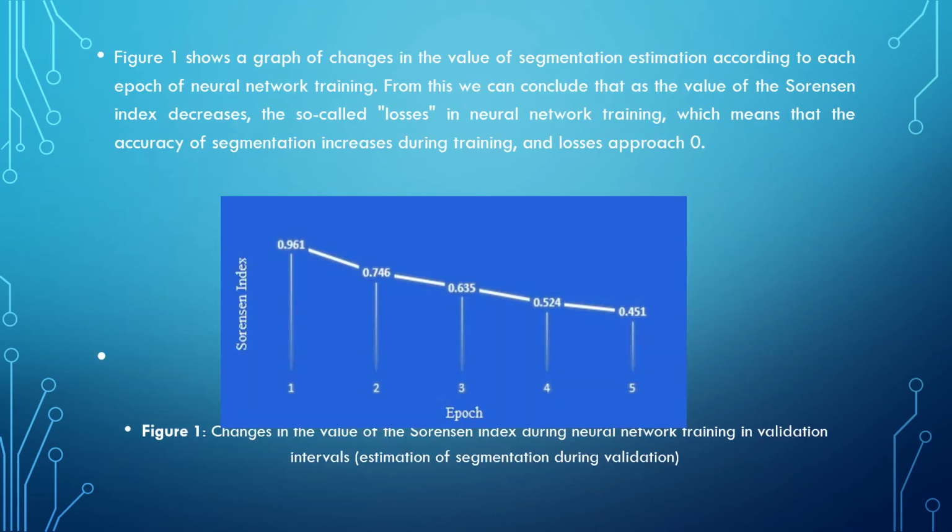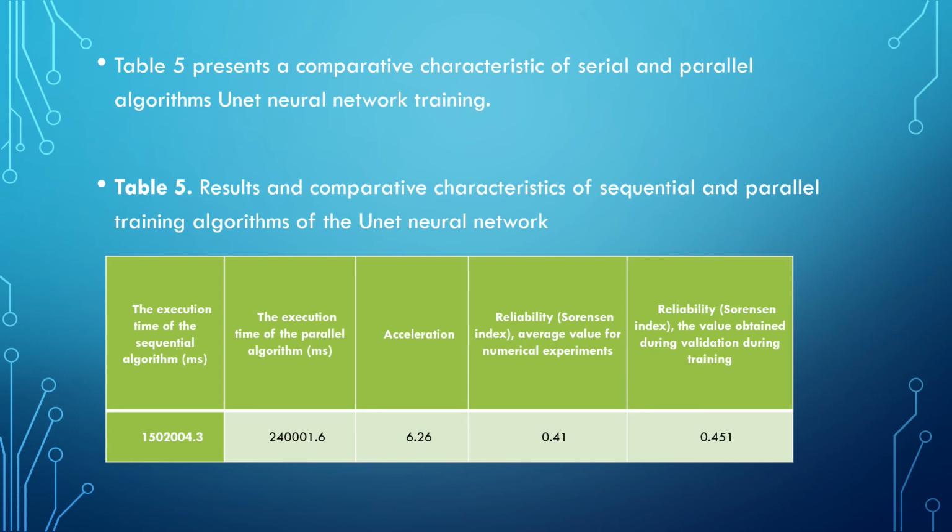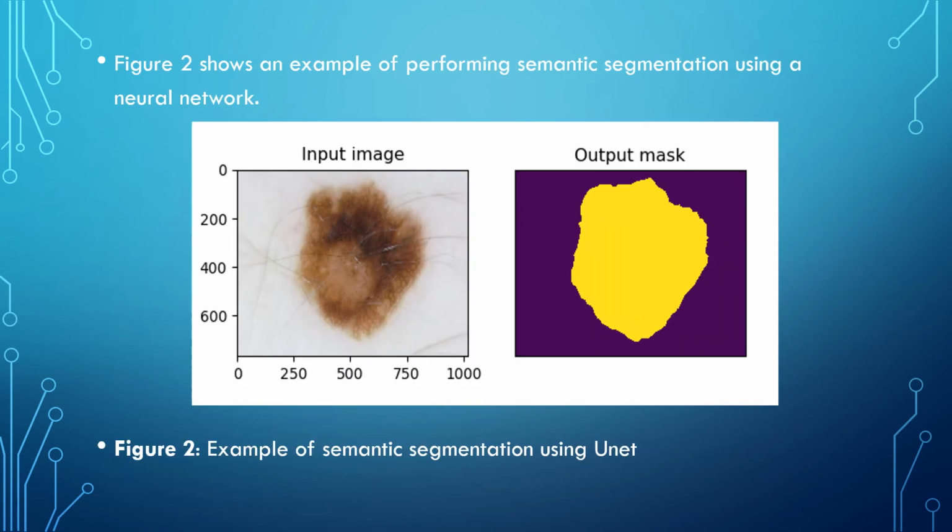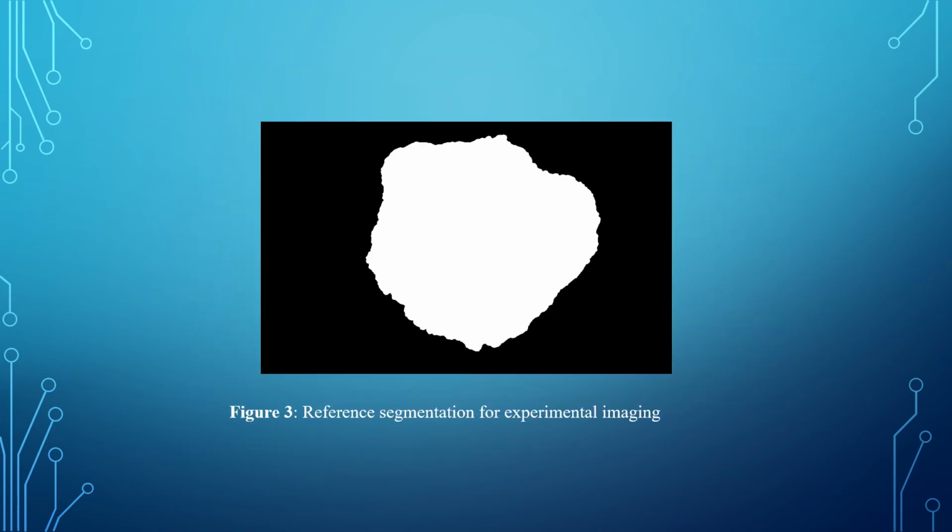Figure 1 shows a graph of changes in a value of segmentation estimations according to each approach of neural network training. Table 5 presents a comparative characteristics of serial and parallel algorithm U-Net neural network training. Figure 2 shows an example of performing semantic segmentation using a neural network. Figure 3 shows reference segmentation for experimental imaging.